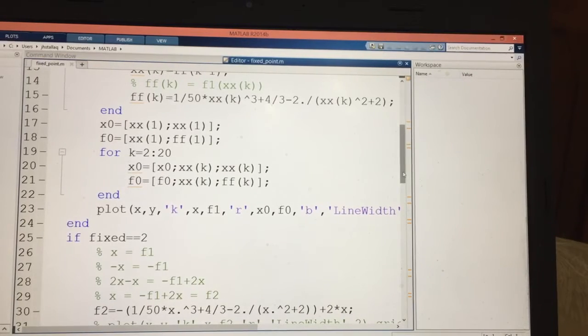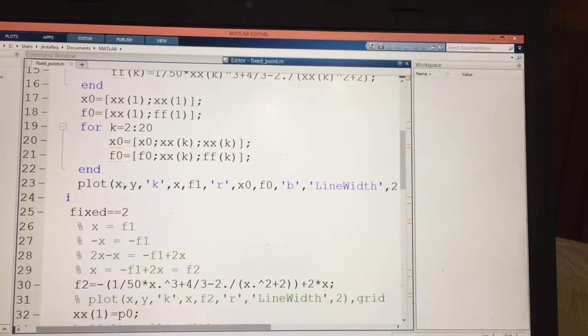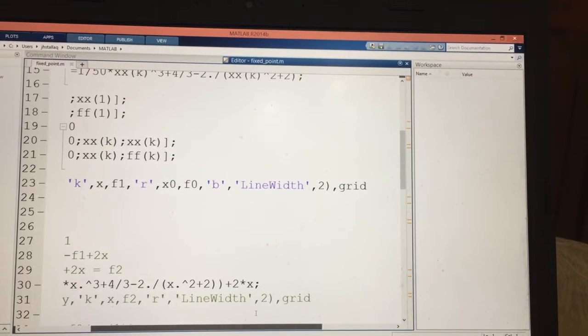Given that, the whole plot here is x and y, and then x and function 1, and the iterations, where we start the fixed point iteration with x naught and f naught. Then you can describe the line width here, which will change the thickness of the line.